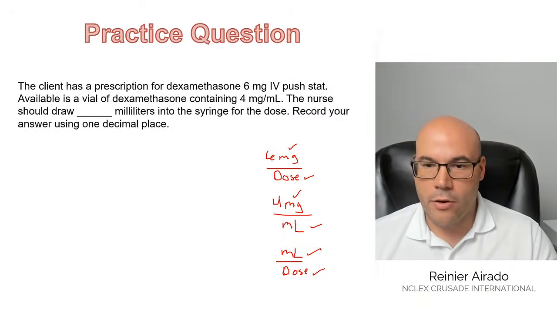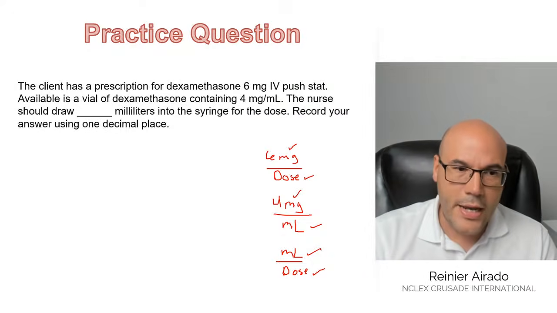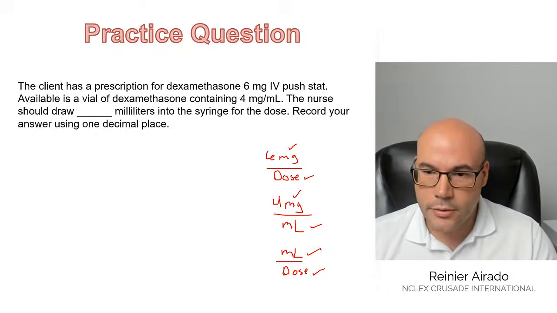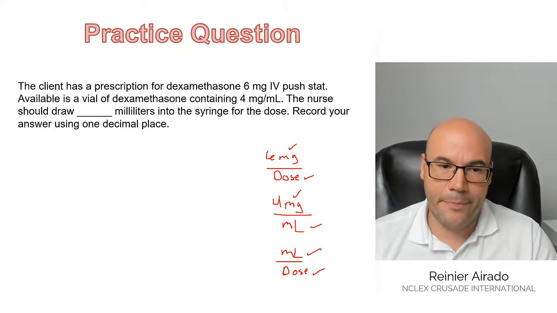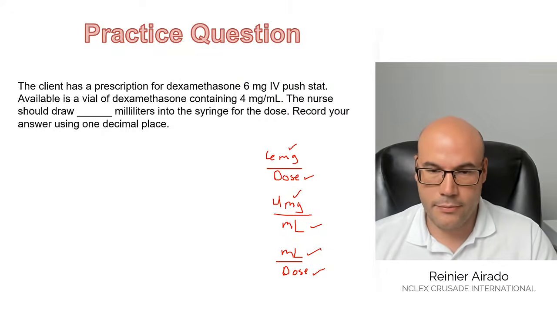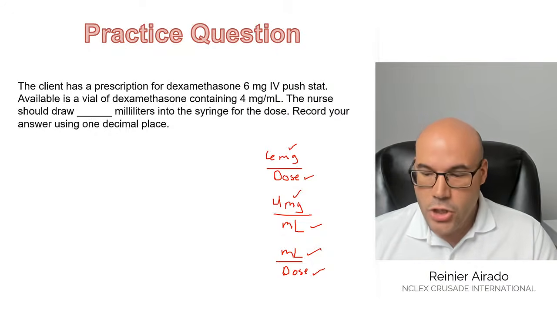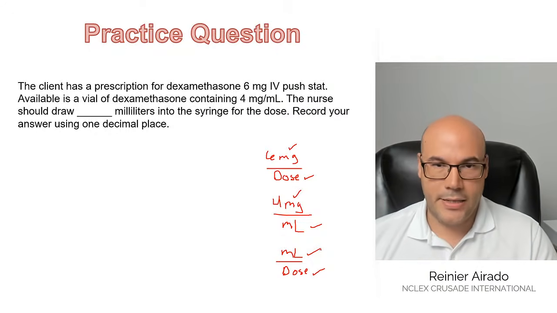So once you collect the information and determine if you need a conversion factor or not, then you will start to solve the problem. The next step is very important because if you begin incorrectly, you will make a lot of mistakes.